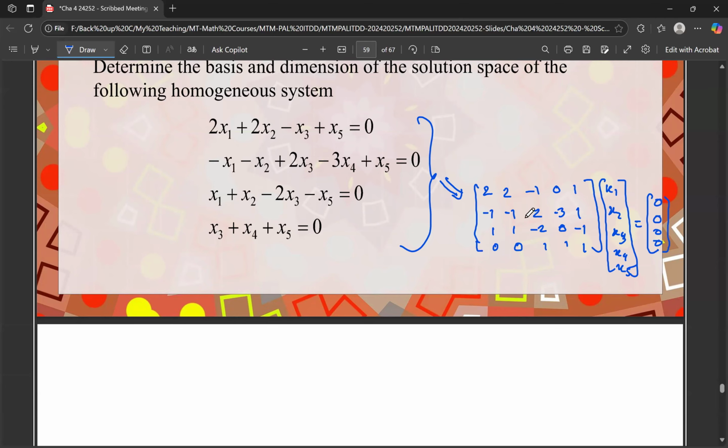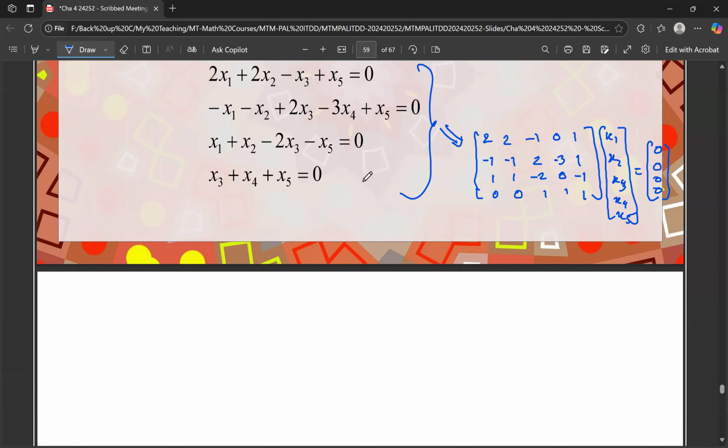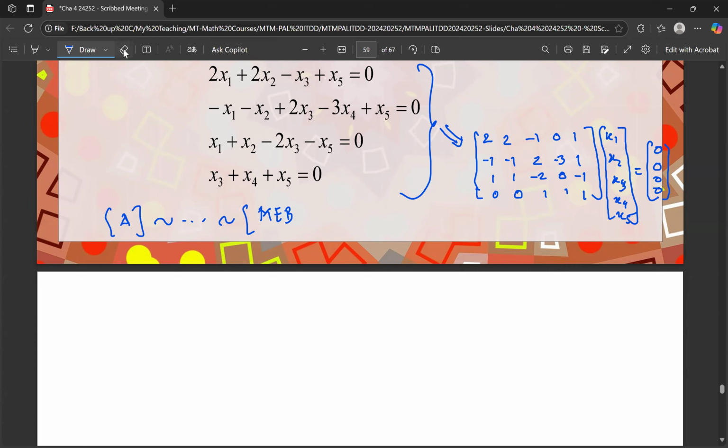Okay. Let's find the solution. Remember in the previous chapters, we will use the method of row echelon matrix, so reduced row echelon matrix.